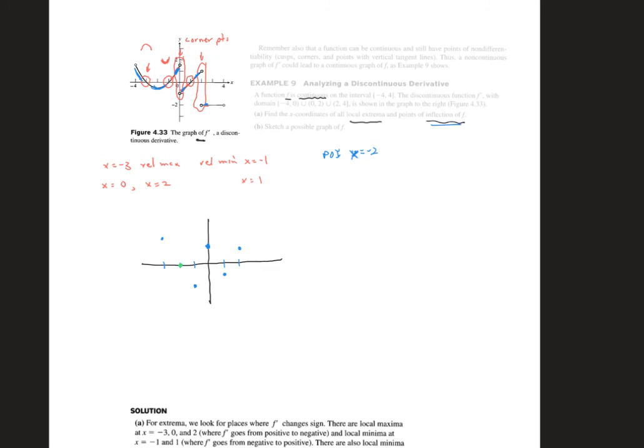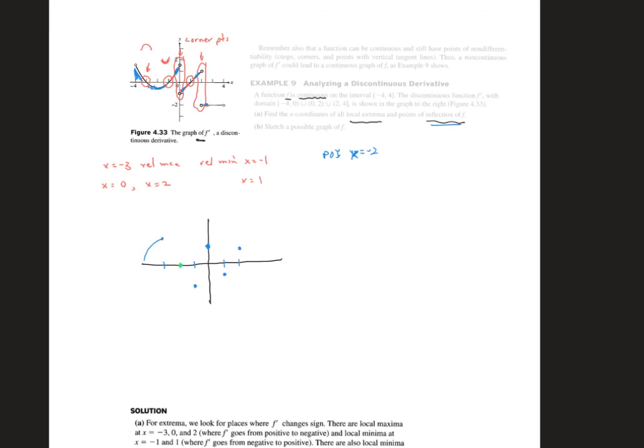Okay, so left of negative 3, our function is above the x-axis, so it's increasing. The derivative is decreasing, so it's going to be concave down. So it's going to do increasing and concave down.